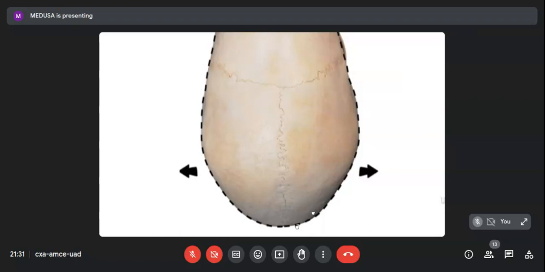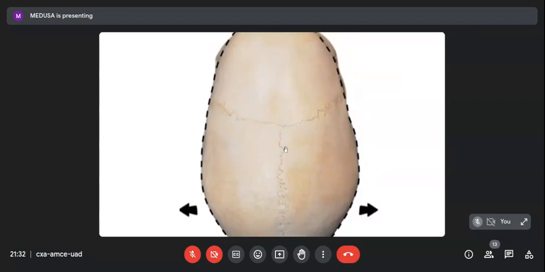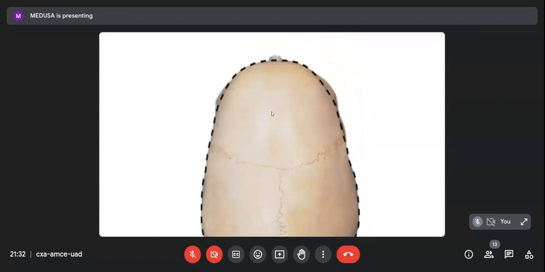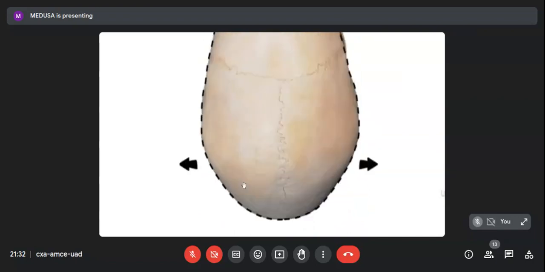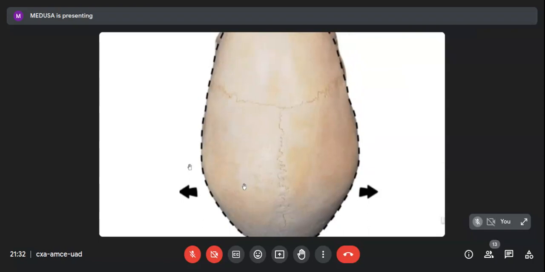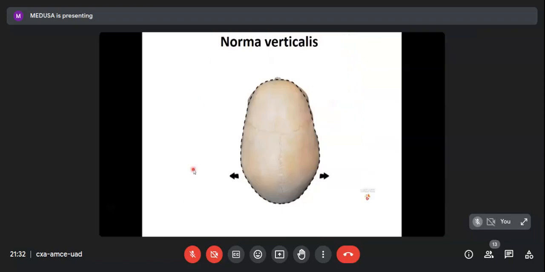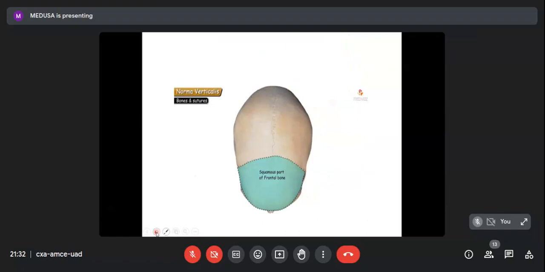Then just down here, we'll discover a part that is not shown properly here, which is the occipital bone. So the norma verticalis will have the frontal bone, the parietal bones, and a part of the occipital bone.